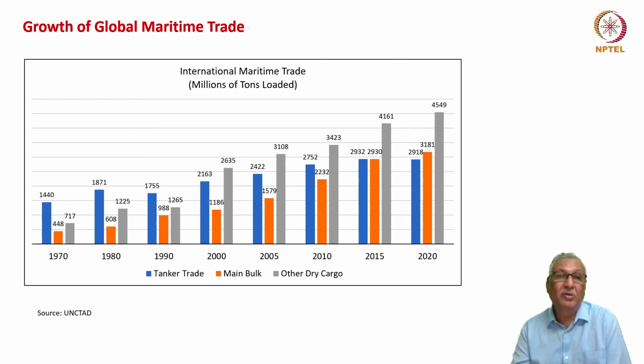We know that the global maritime industry is one of the most important aspects of globalization. Not everything can be carried by air cargo. Shipping has been the key driver of globalization for several centuries, and even in the modern century, shipping will continue to be a very important link, a very important connectivity between various nations.